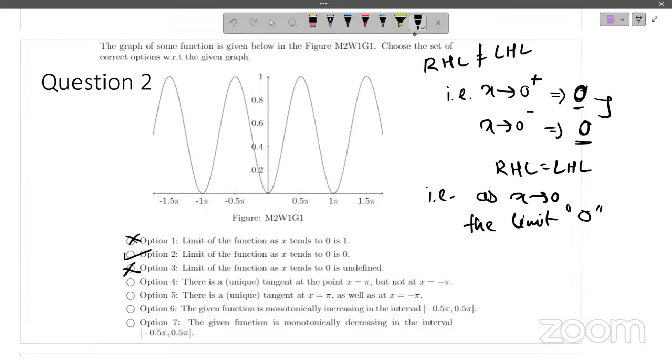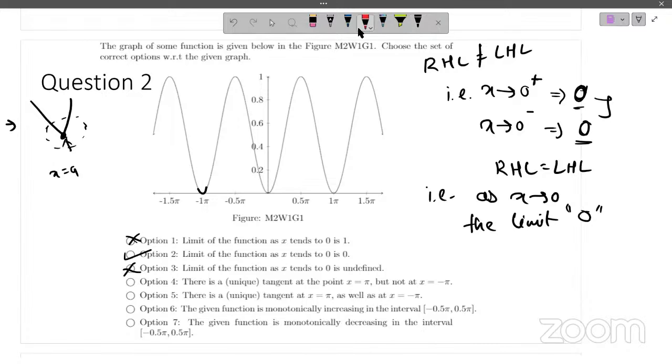Now, the fourth option says that there is a unique tangent at the point x equals pi, but not at the point x equals minus pi. But here, if you observe, at x equals minus pi our function is behaving nicely. We don't have unique tangents when our graph is pointed, something like this. Suppose at x equals a our graph looks like this, some pointed shape.